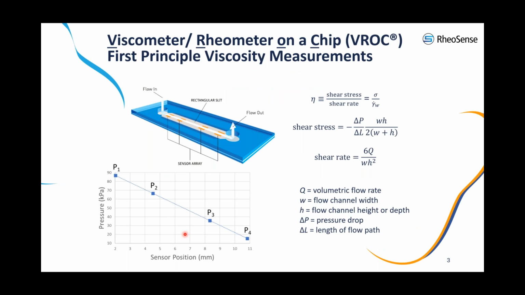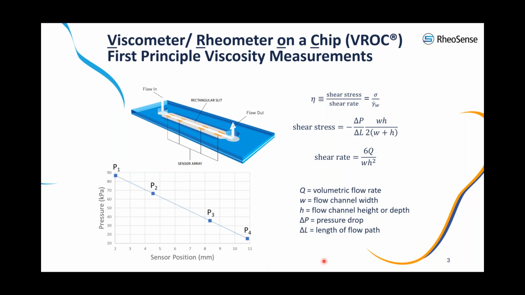MicroVisc Pro, as well as all of our viscometers, are powered by VROC technology. VROC stands for Viscometer Rheometer on a Chip. US Pharmacopoeia confirms this technology is similar to USP Chapter 911, but formally under equivalent Chapter 914. VROC technology is also referenced as the rectangular slit method.